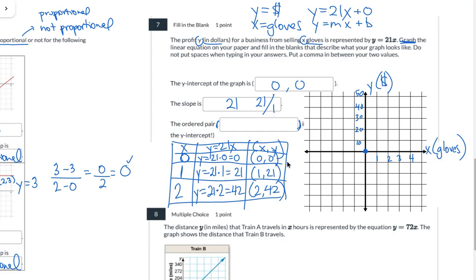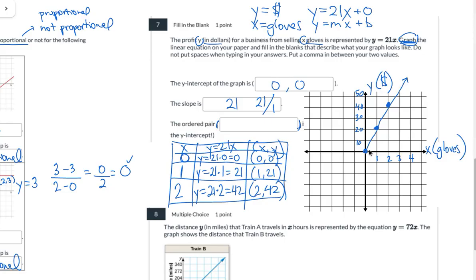So if I want to plot this, I already have my origin here. (1, 21) is about right here, just above that 20. And for (2, 42), I say 2, and then I have my 42 right here. And I'm able to graph this line because it asked me here to graph the linear equation on my paper. So I was supposed to have a graph on this piece of paper, okay?